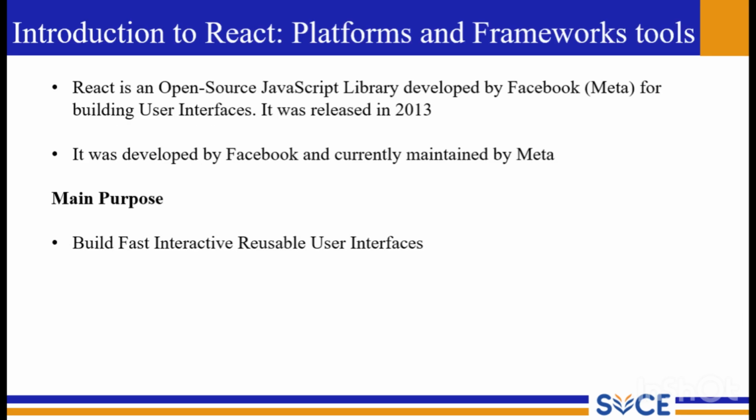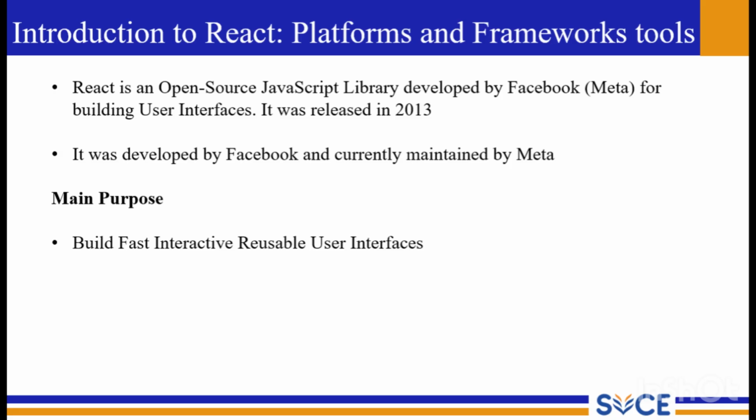So React is an open source JavaScript library developed by Facebook, which is now known as Meta. It was first released in 2013 and has become one of the most popular technologies for web development. React is mainly used to build the front end of the web applications.